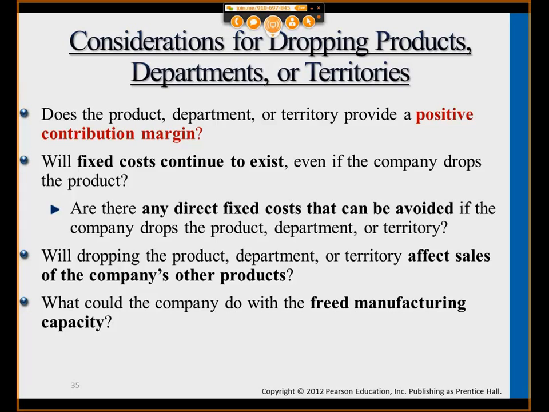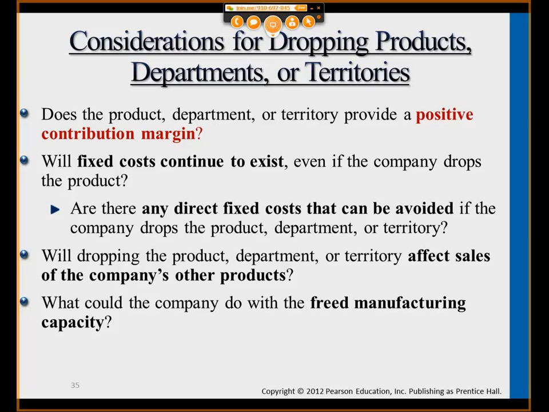The second question, will fixed costs continue to exist even if the company drops the product? This is very important because while we think that something is bringing a loss, it is necessary to understand that when we remove that product, territory, or department, the company will no longer be at a loss.